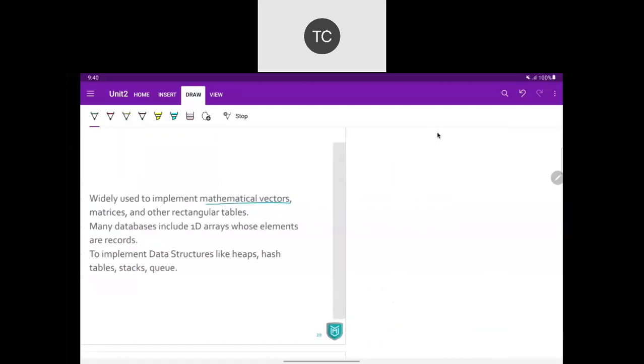One example, a vector means 1D array, we can say. We can have some values here. Now try to understand, this can be a mathematical polynomial equation.